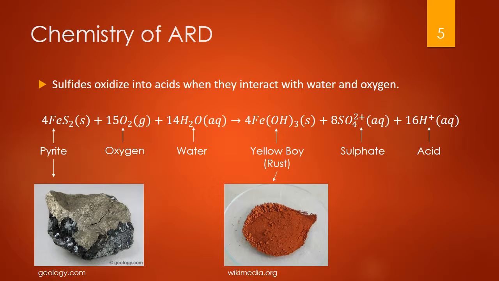And pyrite is a common mineral that's mined for the iron content, but what happens is that it mixes with oxygen and water, then we end up precipitating rust, which is known as yellow boy in the mining industry, but it's something that everybody's very familiar with. We also get sulfate and a lot of free hydrogen atoms in water, which is actually what's known as our acid. Eventually, the sulfate and the acid can combine and form sulfuric acid also.